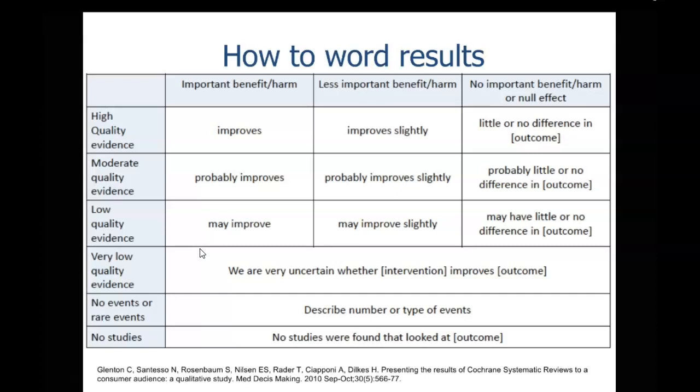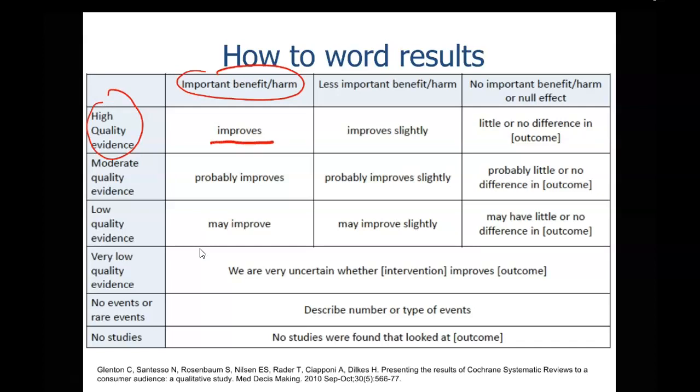The way to read this table is, let's say you have high quality evidence for a benefit that is of clinically substantial size, where the intervention improves outcomes. It is an important benefit. You can absolutely say the intervention improves outcomes, right?